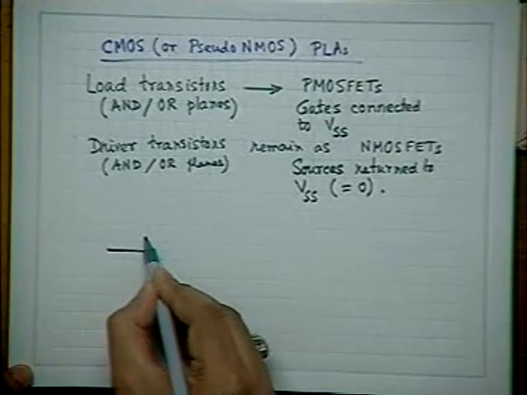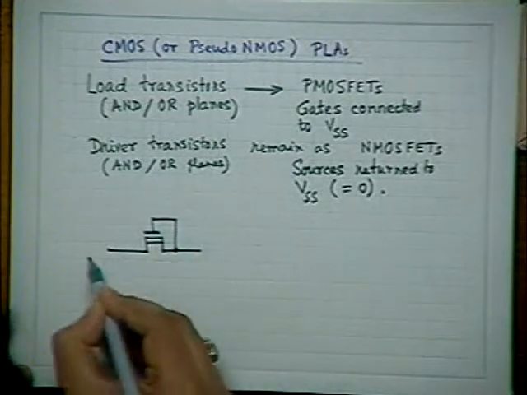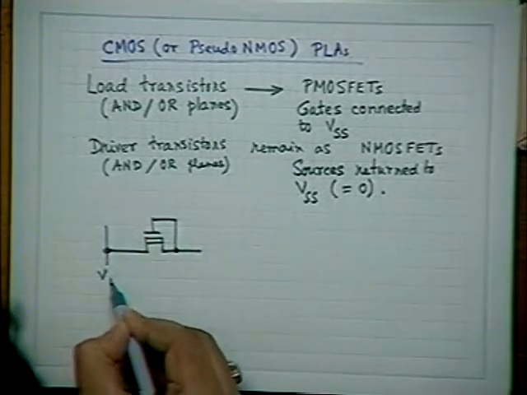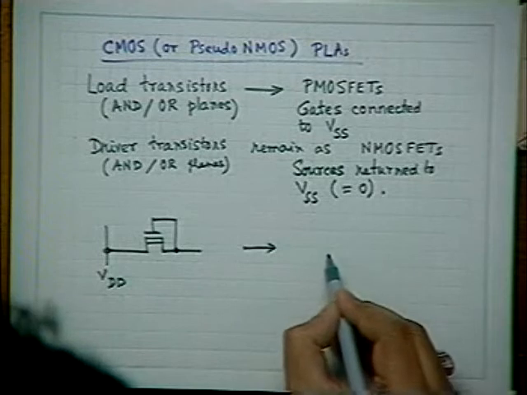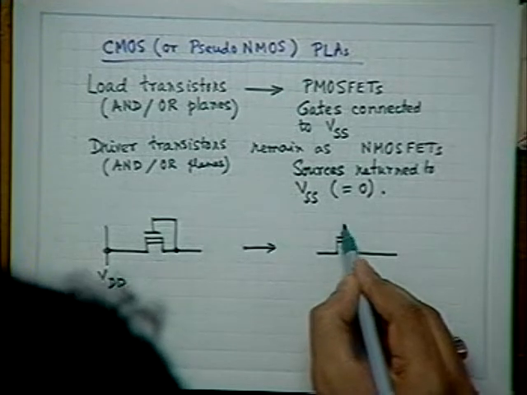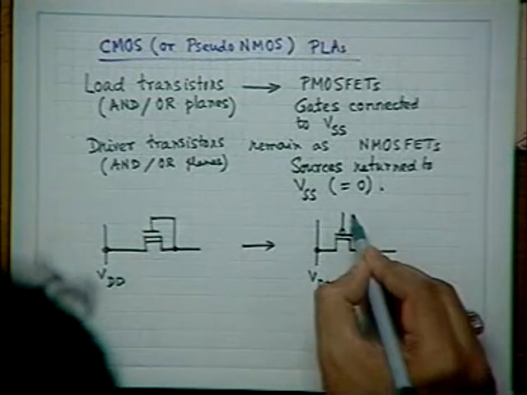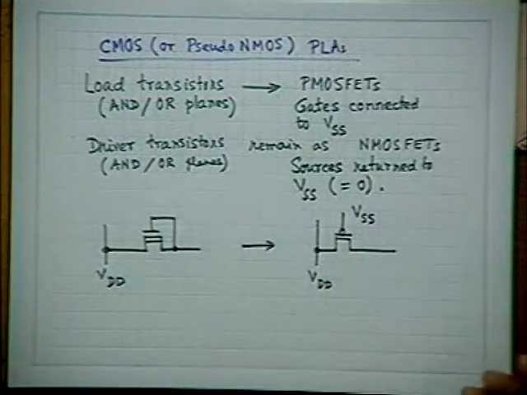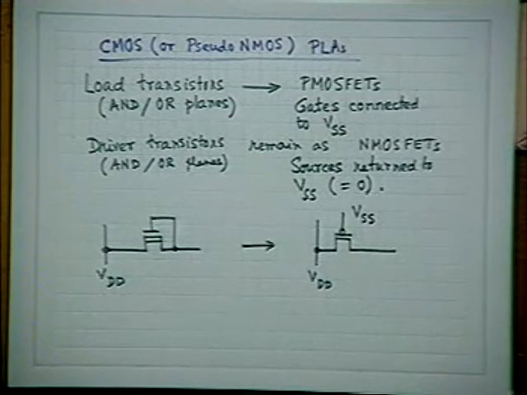So what you are really doing is replacing all these transistors, which were earlier connected like this, simply by a PMOS. Now this one is connected to VSS. This is the only thing you do, nothing else.